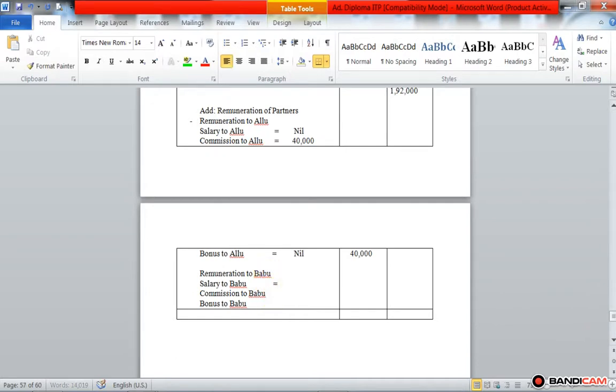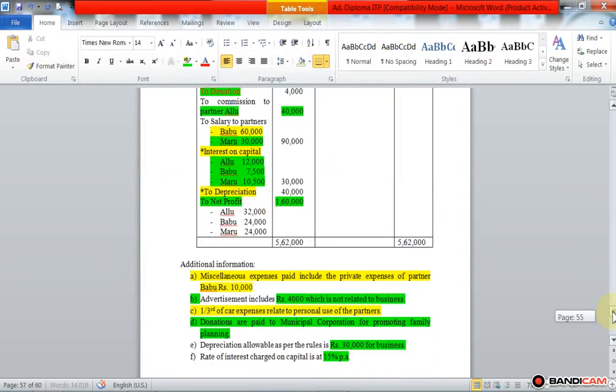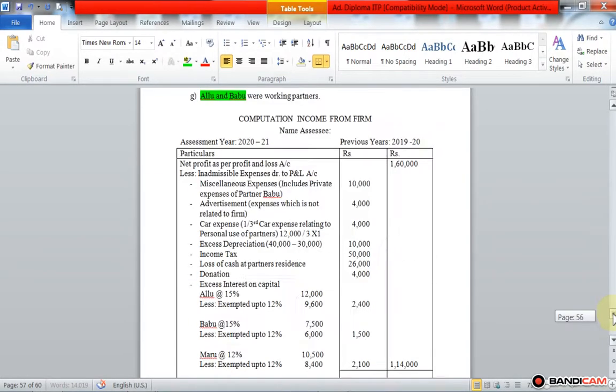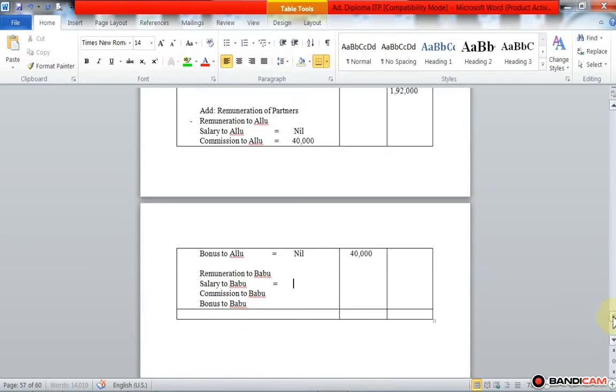So salary is equal to 60,000 plus 30,000. So here 60,000 salary is given to Babu, commission is not given to Babu, so amounting column is nil.